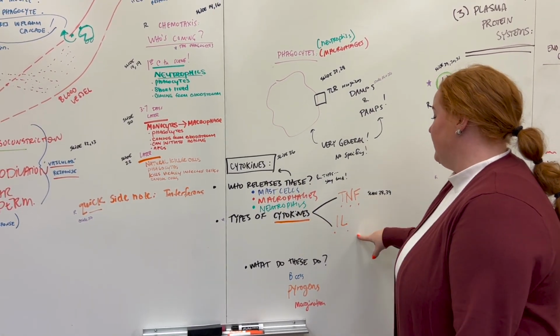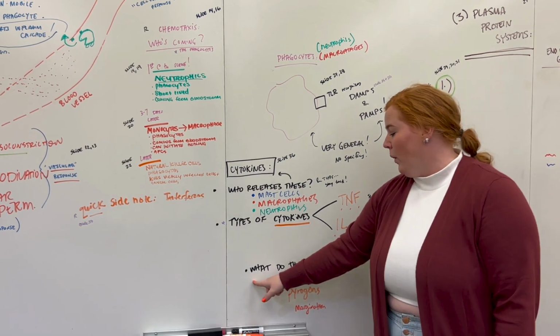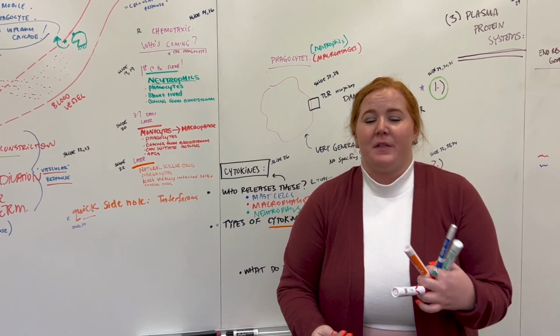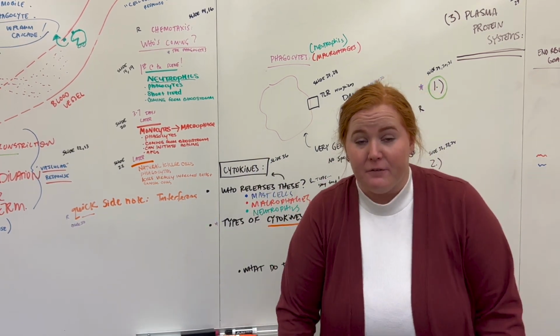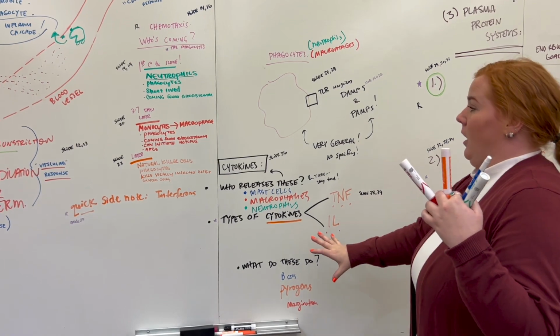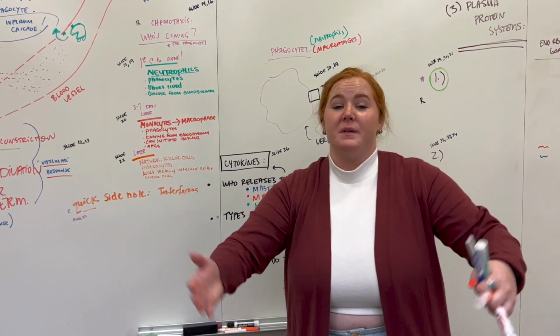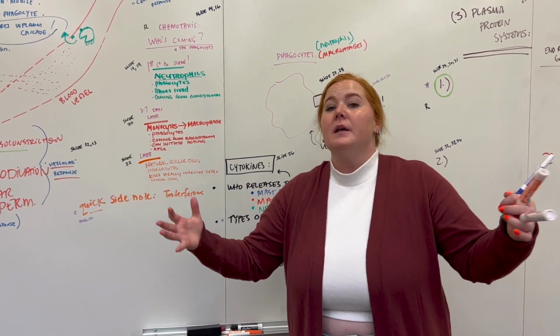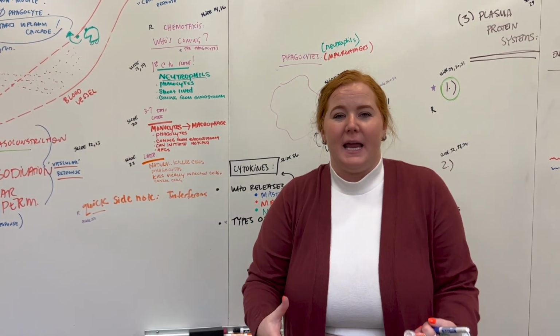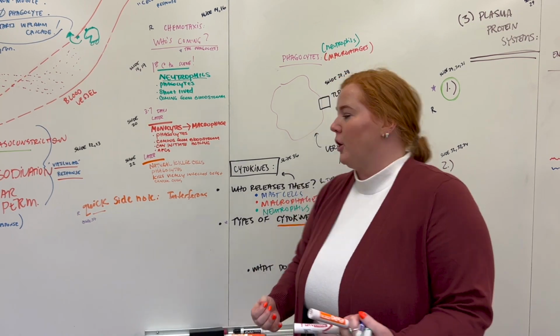These cytokines, TNF and IL, are considered pyrogens. They are going to help us mount a fever. They're going to help call in other mediators. They are just another way to keep this inflammation story going so that we can get the end goal of inflammation and try to contain whatever damage or stimuli occurred.